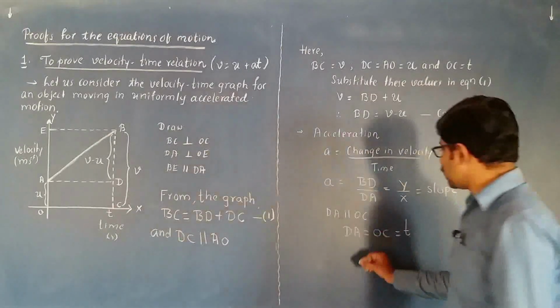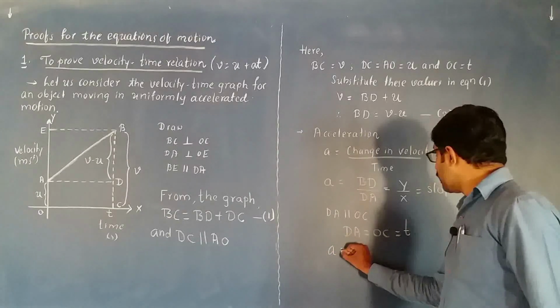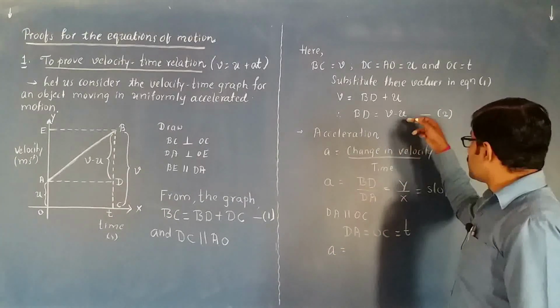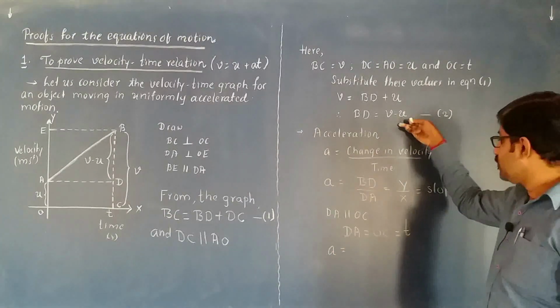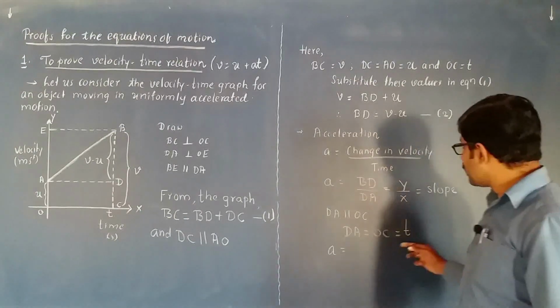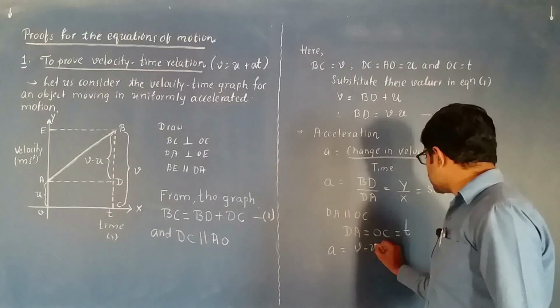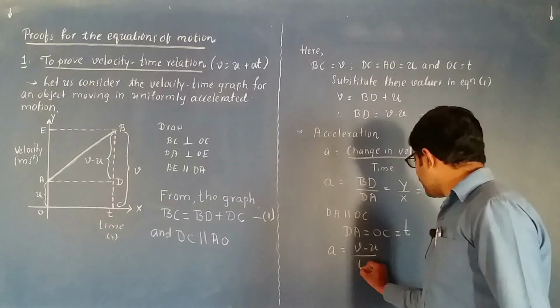Hence acceleration A is equal to BD, using equation 2, V minus U, divided by DA, which is OC, which is t. So A is equal to V minus U by t.